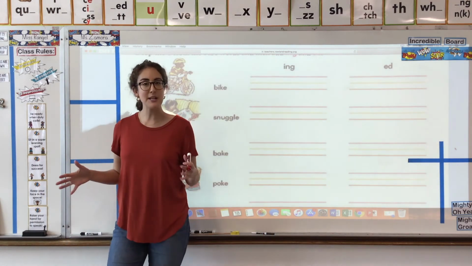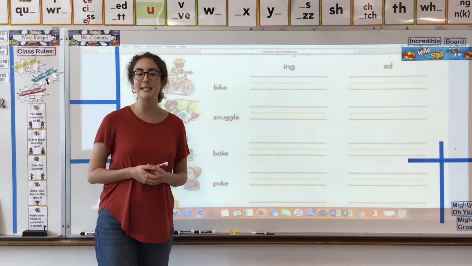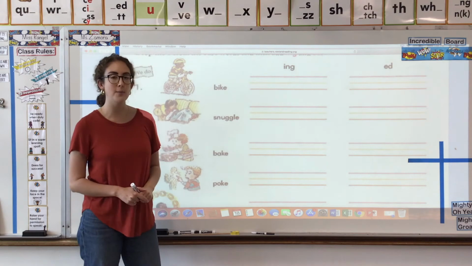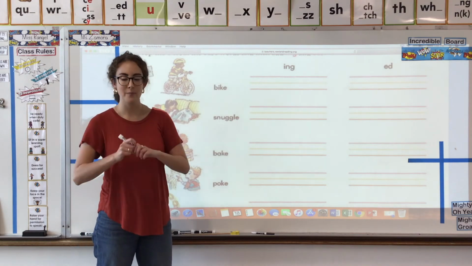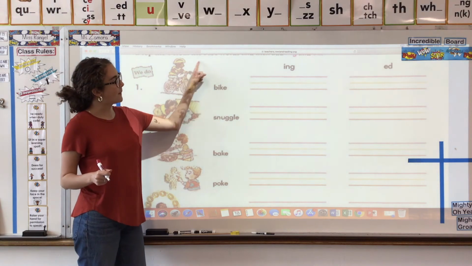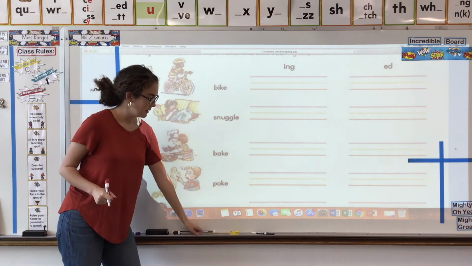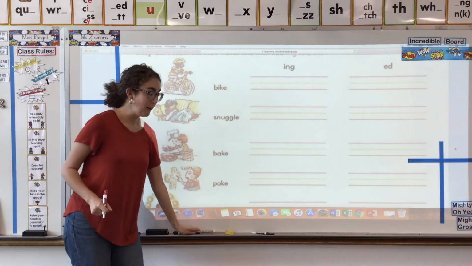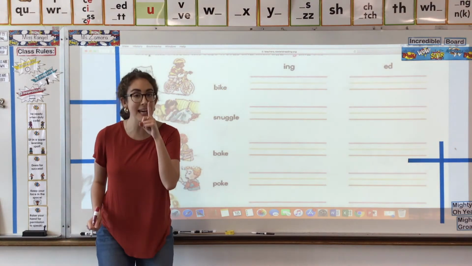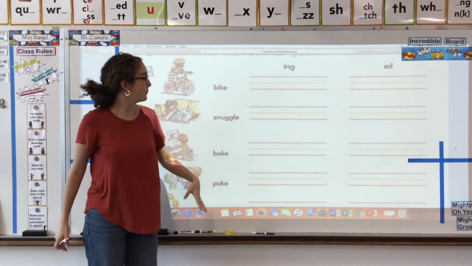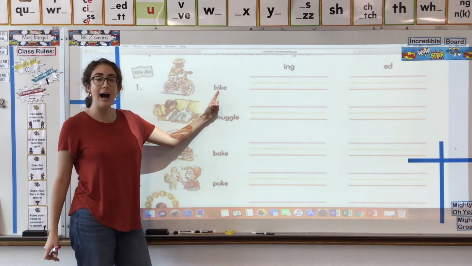So on this page, Super Scholars, we are going to practice adding our suffix to the ends of verbs that end with E. So let's take a first look. What is our base verb? Look, I see vowel consonant E. Remember, the silent E makes the vowel say its long sound. So what sound will the I make?